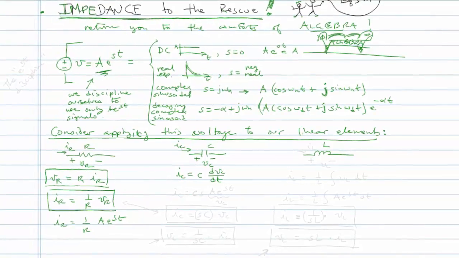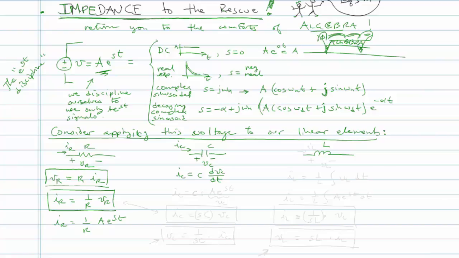Okay, we'll call this the e to the st discipline. Just like we had the static discipline, or the lumped matter discipline, here we have the e to the st discipline. And we'll find that it's still pretty broad. We can solve our linear circuits while still constraining ourselves to that discipline.